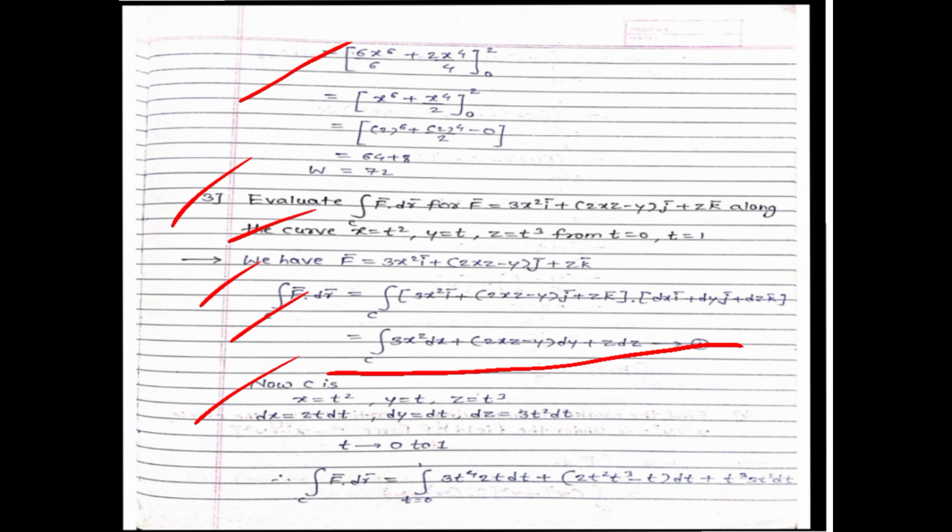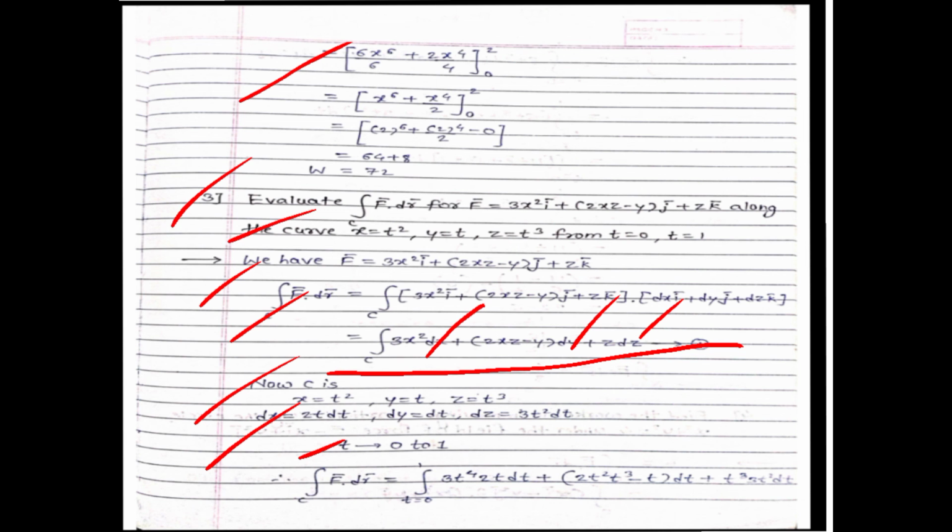Now coming to the curve, c is x equals t square, y is equal to t, z equals t cube. So we will differentiate this. Why are we differentiating? Because we have to replace the values of dx, dy, dz and all other terms in terms of t.